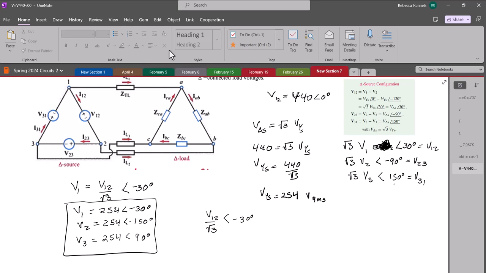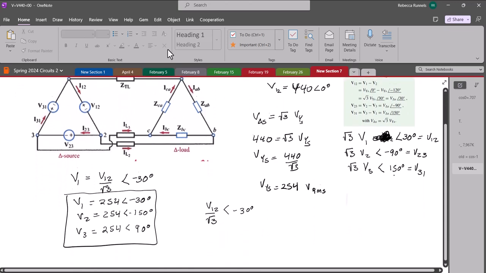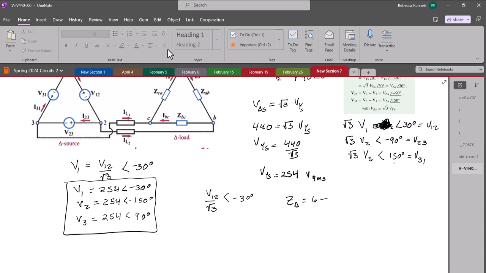Now, in the problem we're given that Z delta is 6 minus j2 ohms. And we want to convert that to the single phase equivalency, and that's equivalent to saying what the Y would be.